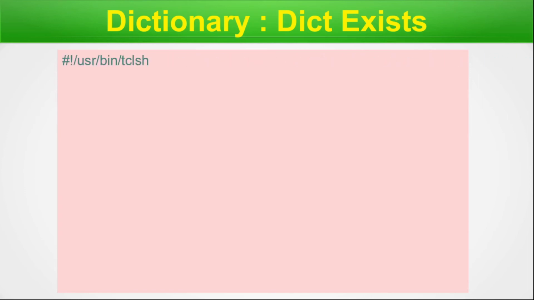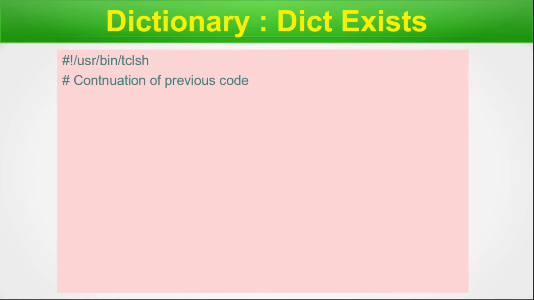We are checking dict exist. This will check whether any particular key exists inside a particular dictionary or not. So here our code will be. We start our code by the Tcl shell.